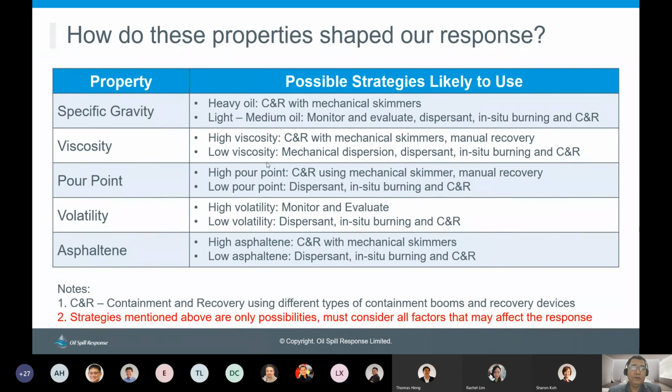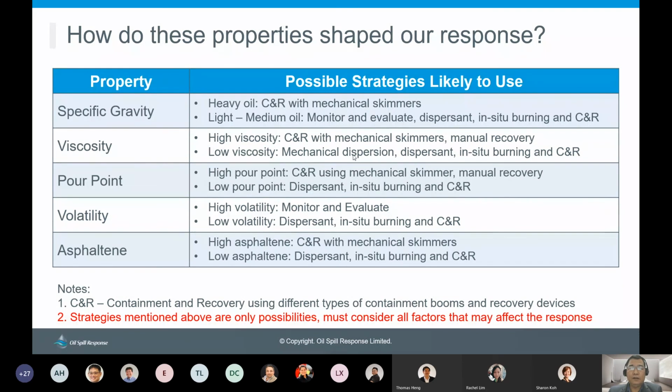Knowing the viscosity of the oil, for high viscosity, we could use containment and recovery, and then manual recovery. If you still remember the previous photo that I showed you, we were actually squeezing the oil out from that fish net. Also, for low viscosity, we could use mechanical dispersion, dispersant, in situ burning, and containment and recovery.